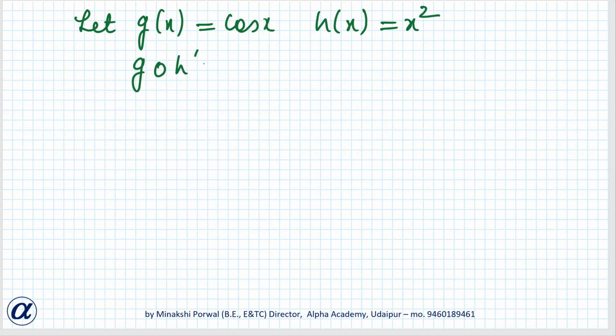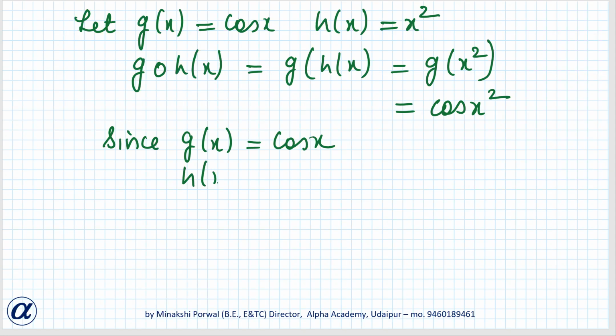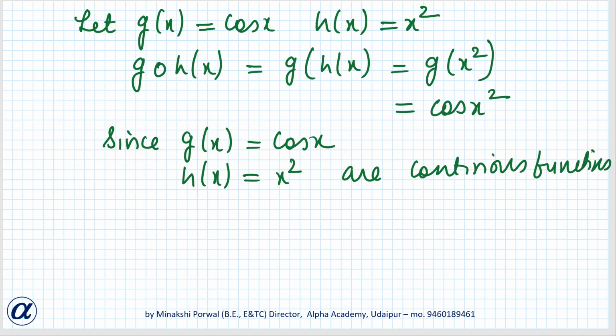Then g of h(x) is g of x square. Now g(x) is cos x, so g of x square will be cos of x square. Since g(x) equals cos x and h(x) equals x square are continuous functions, g of h(x) will also be a continuous function.